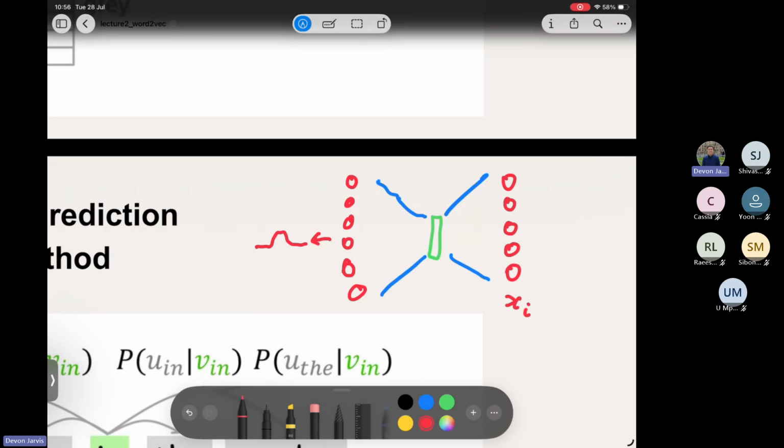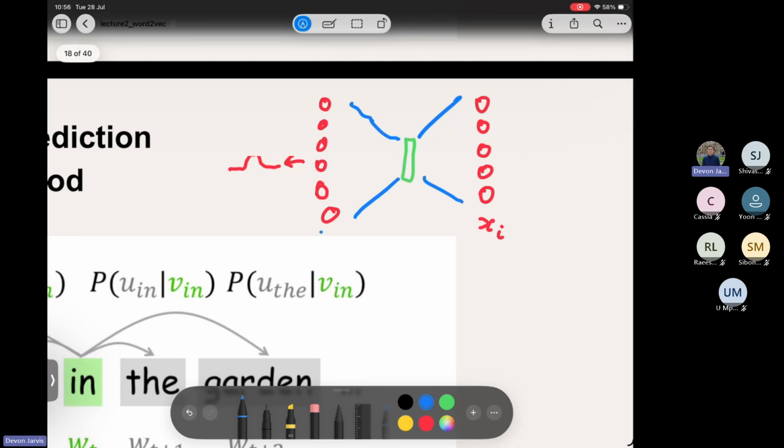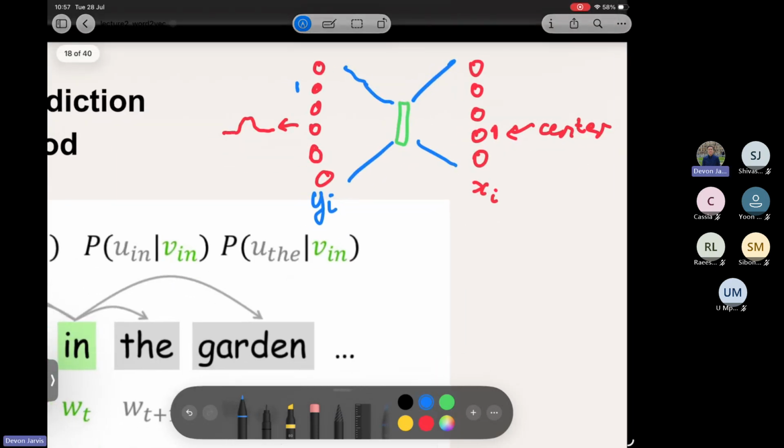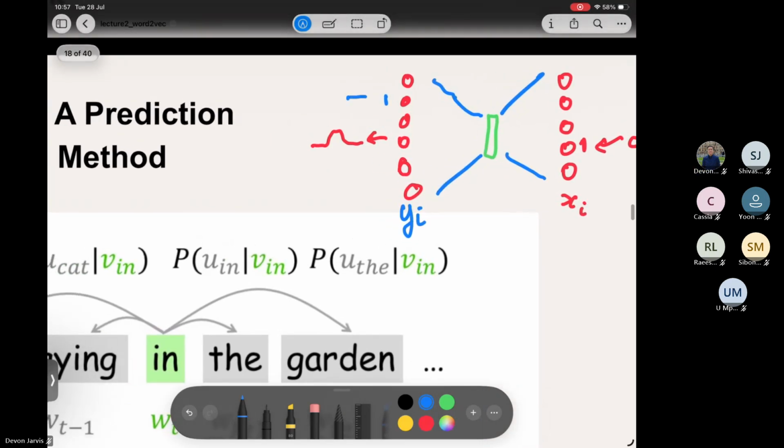You run it through a softmax at the end. And so now you're classifying over your context variables. Okay, and it's still 1 hot here. That's going to be my yi. They will be at different places because this is my focal word, my center word, and this is my context word.